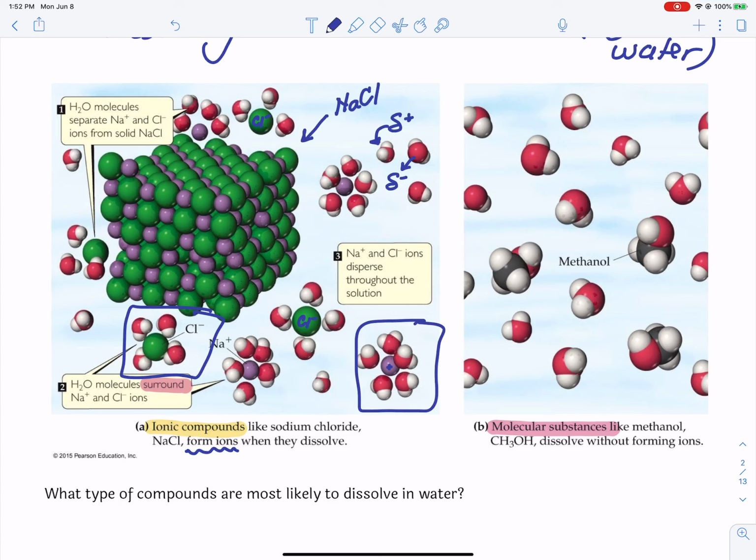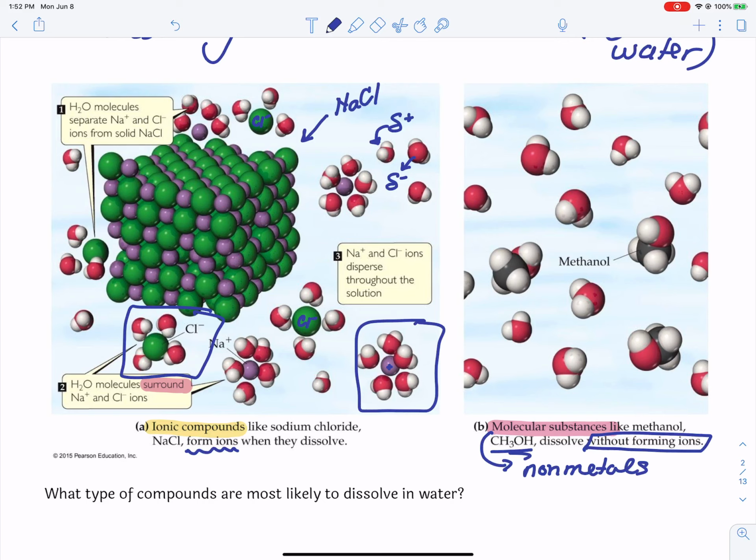And we get a very similar thing happening with molecular substances, but no ions form here. Molecular substances means all nonmetals. The example here is methanol, CH3OH. All of those atoms are nonmetals.